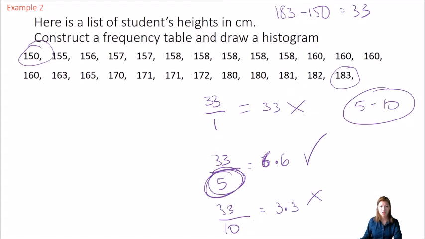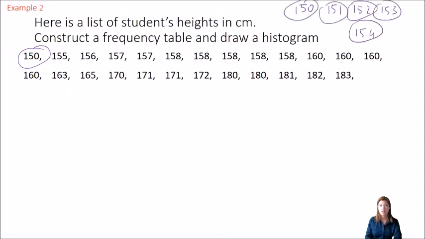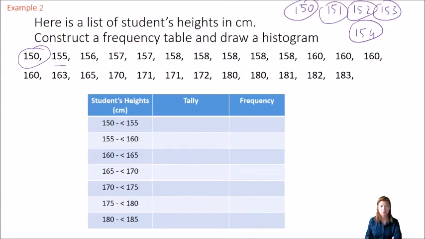So let's clear that up. We now know that we're using intervals of 5. So between 150 and 5 values, we will have 150, 151, 152, 153, 154, that's 5. 1, 2, 3, 4, 5. So we're going to have in our first row 150 to less than 155, and so on.